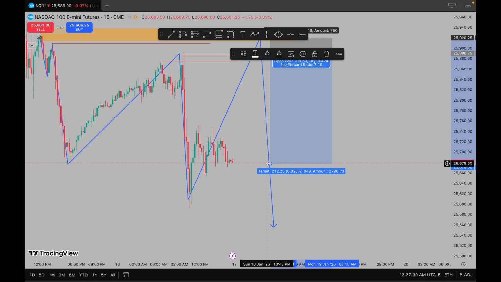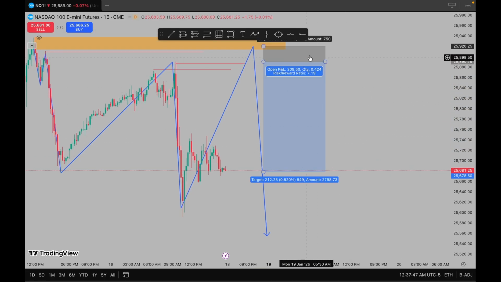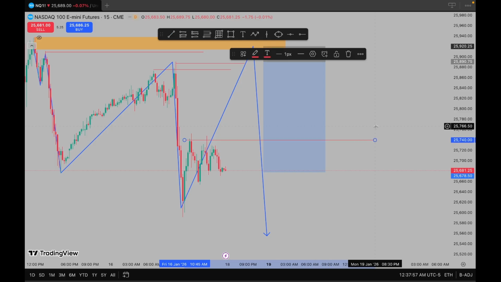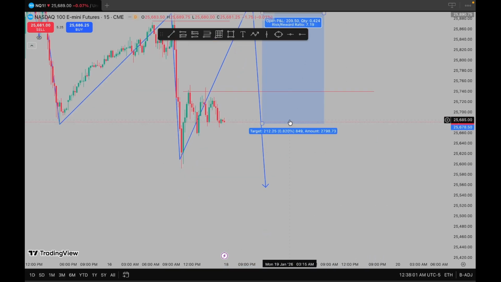So I would put one take profit here and take off some profit so that you're good. Then I would drag my stop loss to right here, so I would do a break even stop loss right here. So whatever it continues to do, it can continue to move past this.